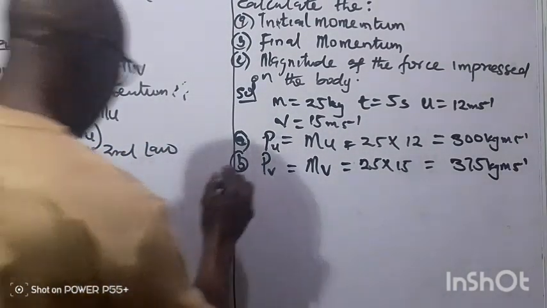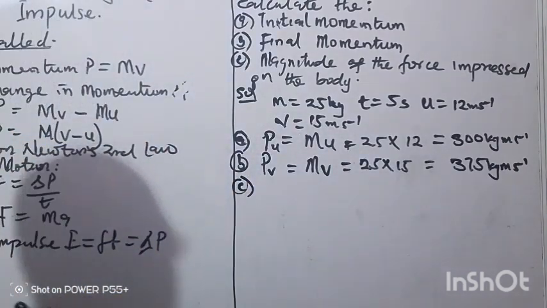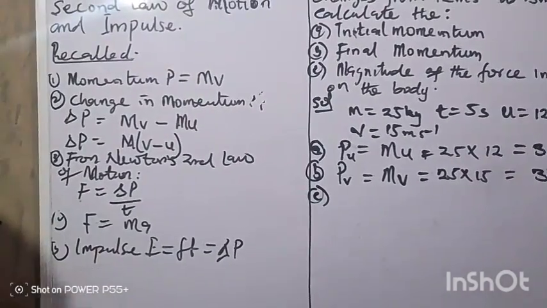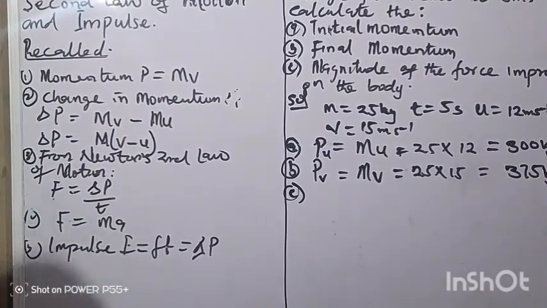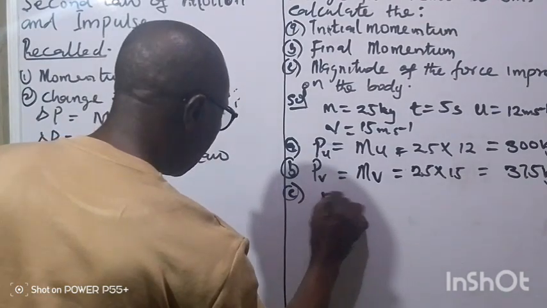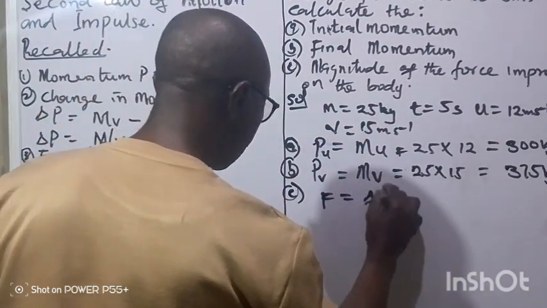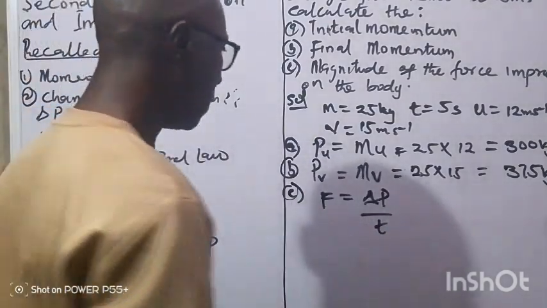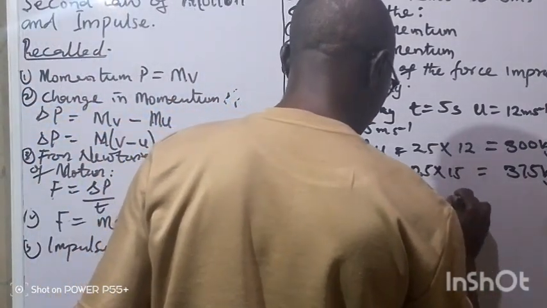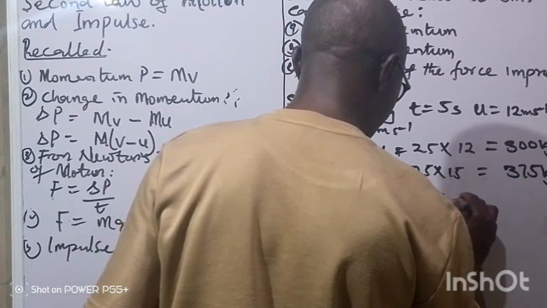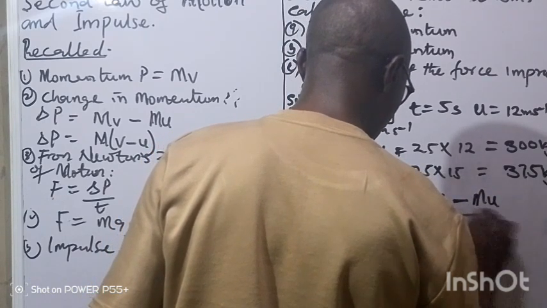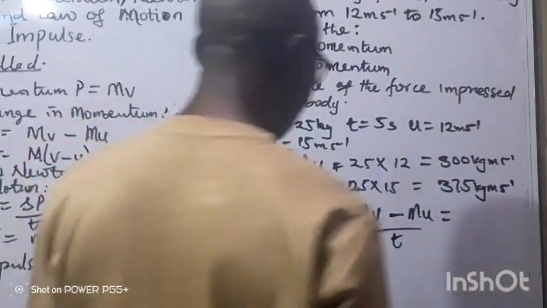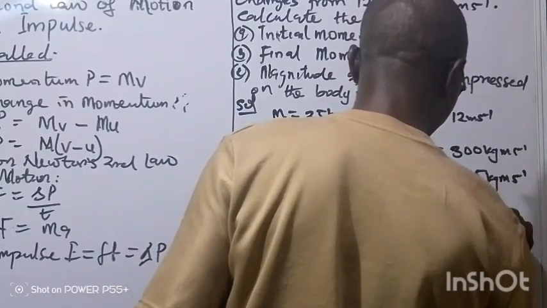The next question says we should calculate the force impressed on the body. That is question C. To calculate the force impressed on the body, go back to Newton's second law of motion. So F will be equal to delta P over T. And luckily on the board, we know our mv and our mu, then over T. So our mv is 375 minus 300.